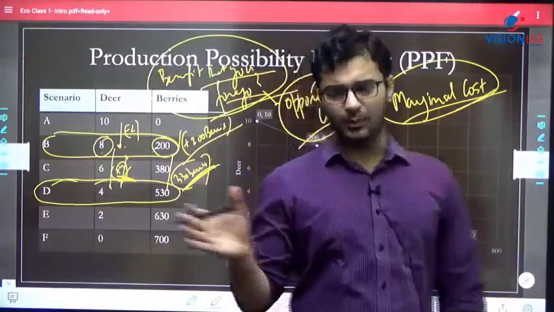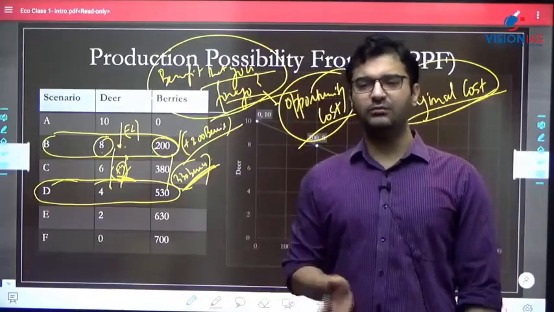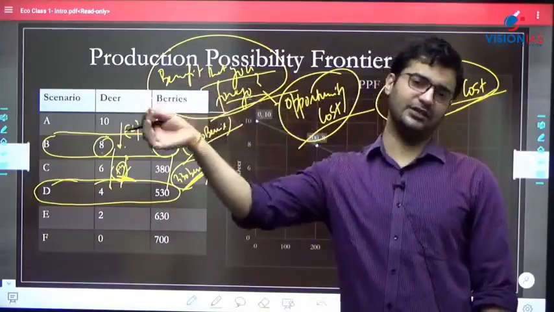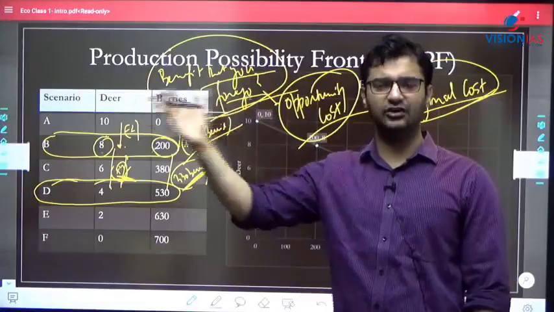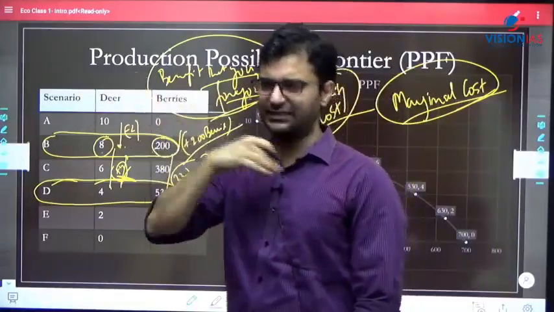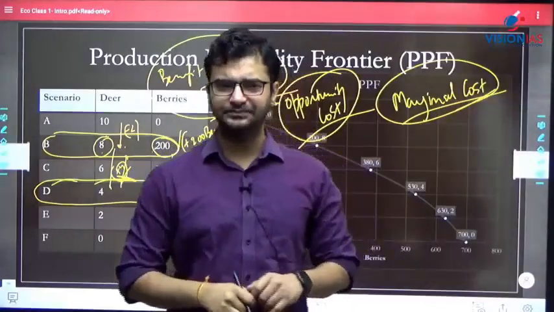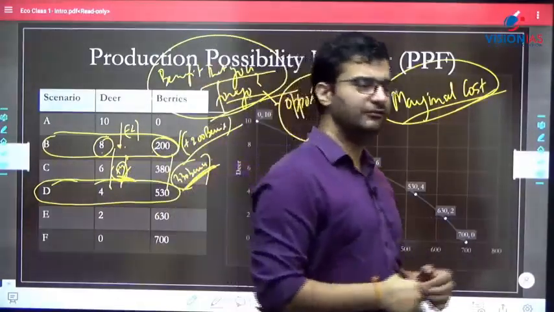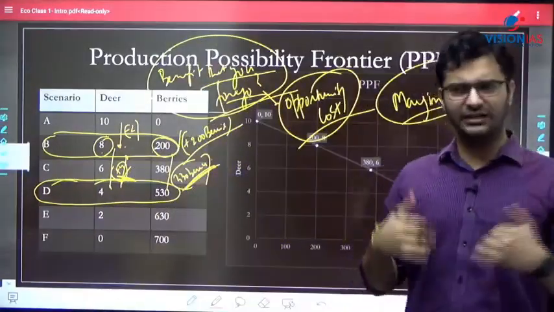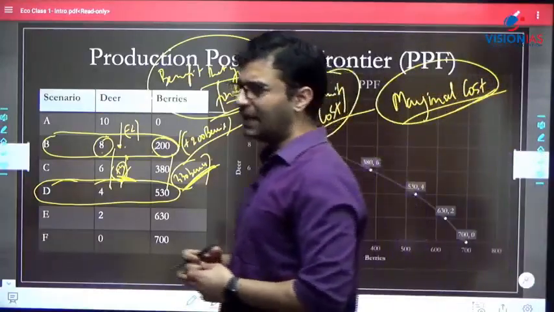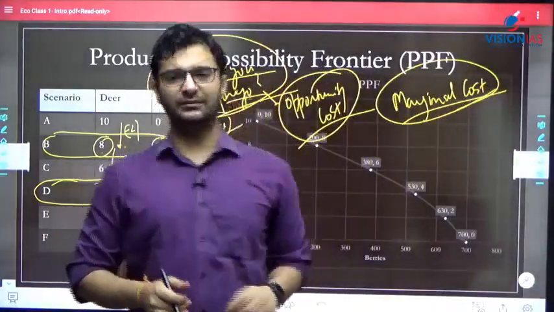Such questions on opportunity cost and marginal cost are very common in your other examinations, your state level examinations and the SSC exams. These are very common questions there. So what is this marginal cost? First understand the concept of marginal, then we'll understand the concept of marginal cost. What does the word marginal mean?